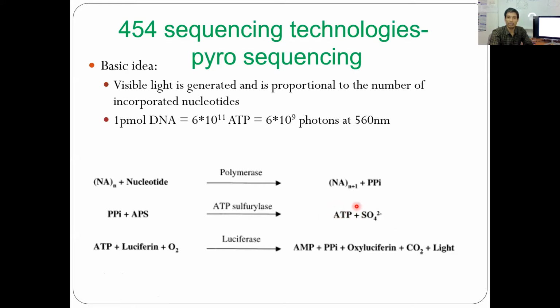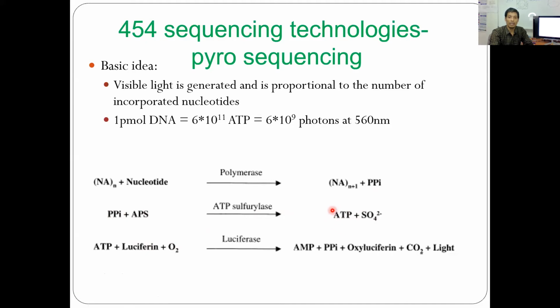ATP is adenosine triphosphate, right? The two phosphates come from the pyrophosphate, and it should be adenosine something. I'll check and let you know. And then ATP sulfurylase will produce ATP and sulfate.